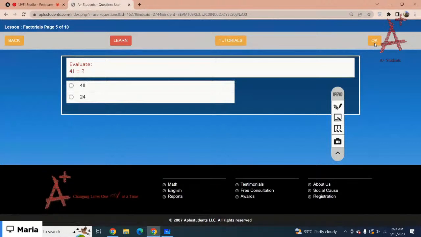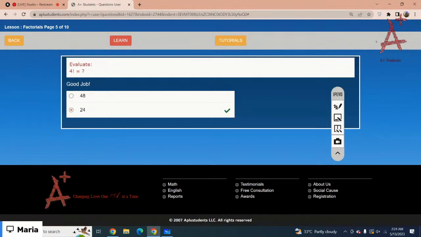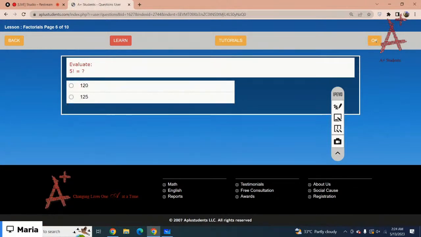Okay, the next one is 4 factorial. So which is the correct option? It would be 4 times 3 times 2 times 1, which is 24. So the correct option is 24. Okay, 5 factorial. So which is the correct option?